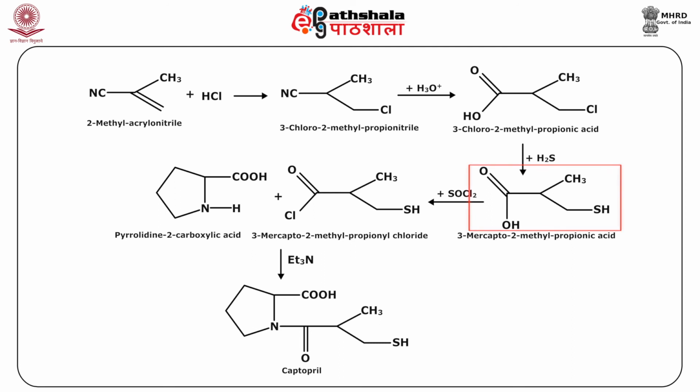The reaction of 3-mercapto acid with thionyl chloride results in the formation of a propionyl chloride. The condensation of the acid chloride, that is the 3-mercapto 2-methyl propionyl chloride so formed, with pyrrolidine 2-carboxylic acid in the presence of a base, triethylamine, results in the formation of Captopril.